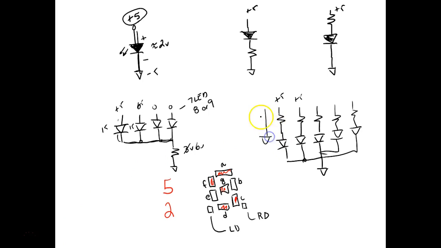And we won't deal with the decimal point right now. So we're using a resistor in each leg. So to display a 5, and if this is the A segment, so let's go A, B, C, D, E, F, G.